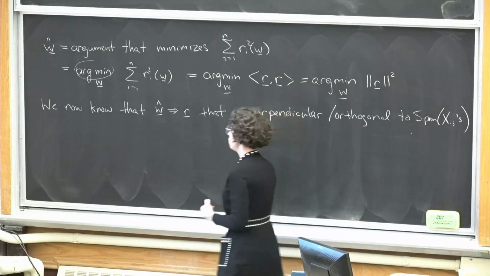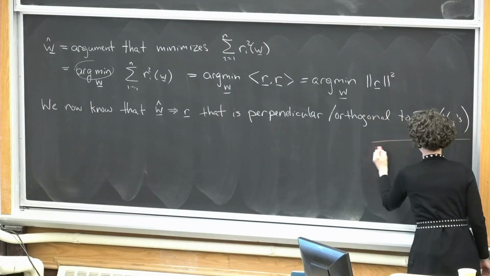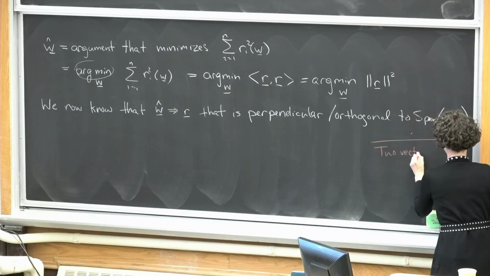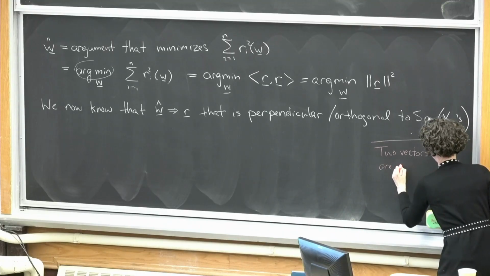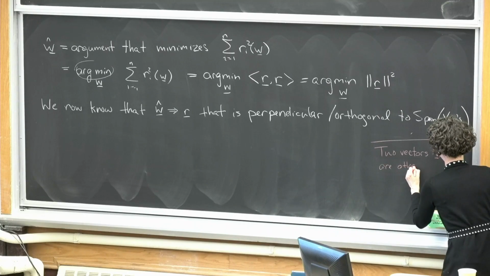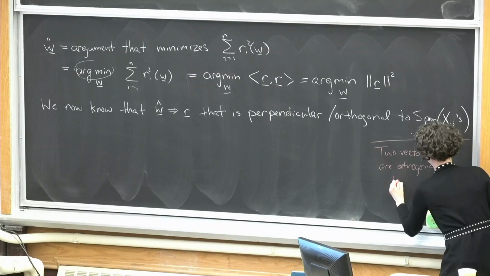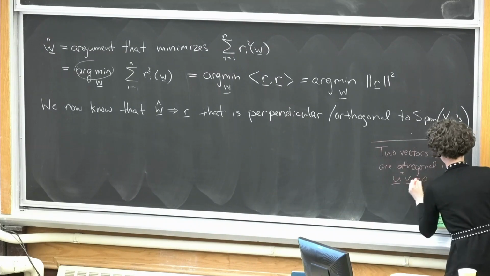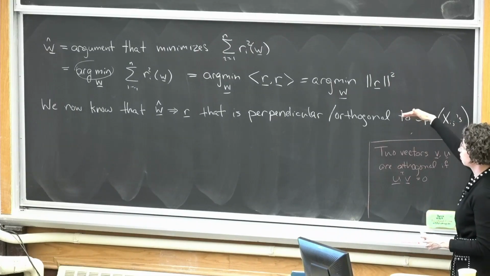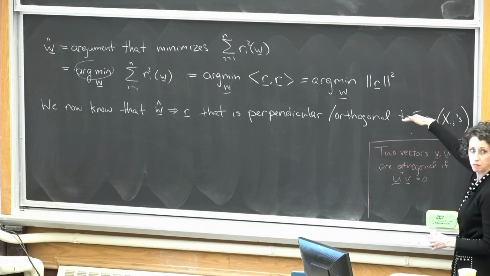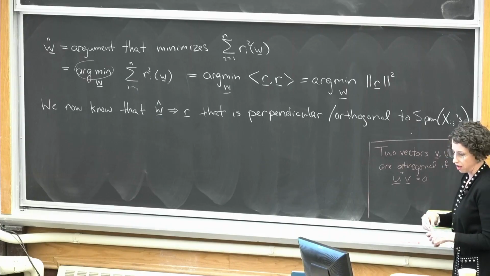And so when we talk about orthogonal vectors, two vectors, v and u, are orthogonal if the inner product is equal to 0. So we're going to ask, what does this orthogonality property that we derived from this geometric perspective imply about W hat?